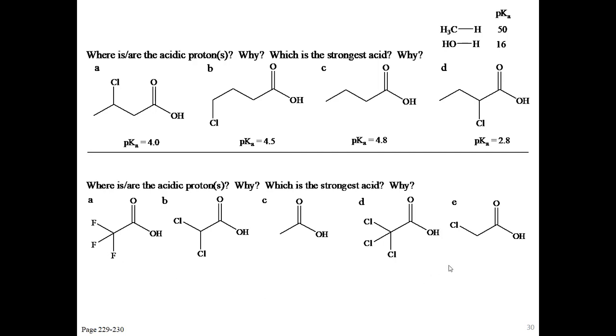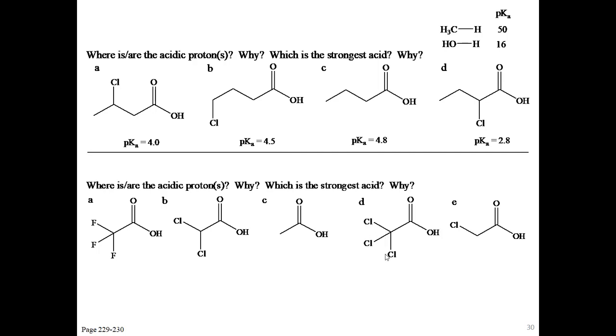So we know that 1 chlorine is not as strong at pulling electrons as 2, and 2 is not as strong as 3. So this is going to be the weakest acid, and that'll be followed by this one here with 1 chlorine, this one here with 2 chlorines, and this one here with 3 chlorines. So this should have a lower pKa than any of the other chloroacetic acids.